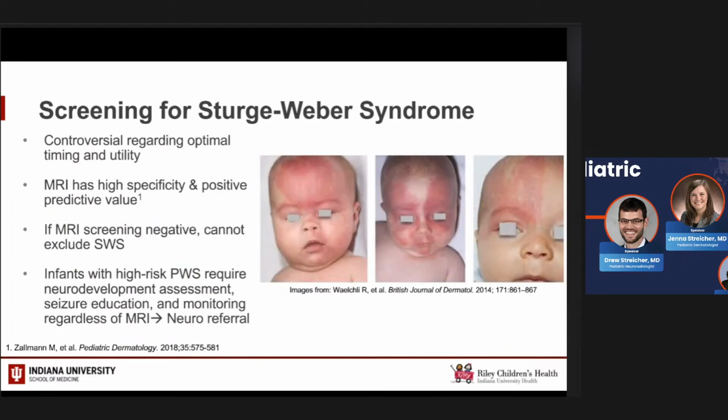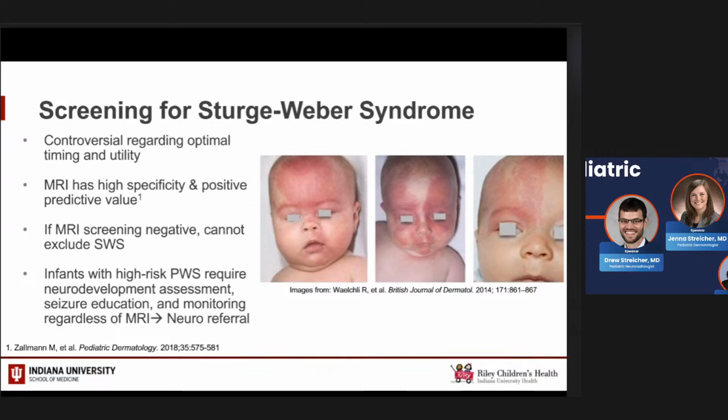Screening for Sturge-Weber is still a little controversial. If you survey lots of different pediatric dermatologists internationally, everyone does this a little bit differently. We're trying to come up with guidelines. But an MRI does have pretty high specificity and positive predictive value.